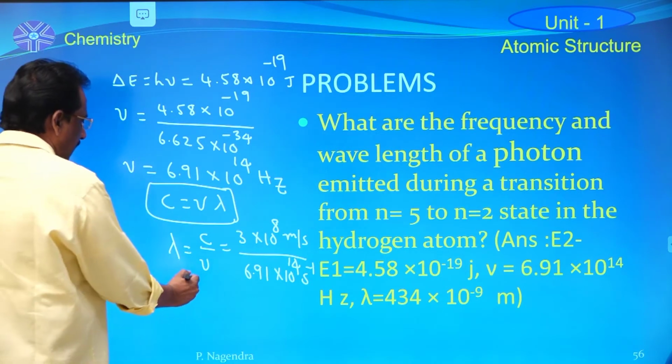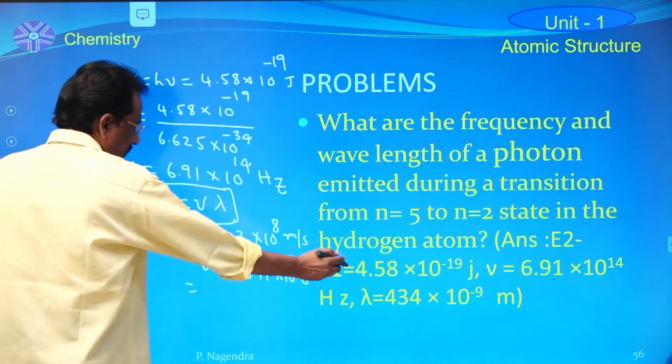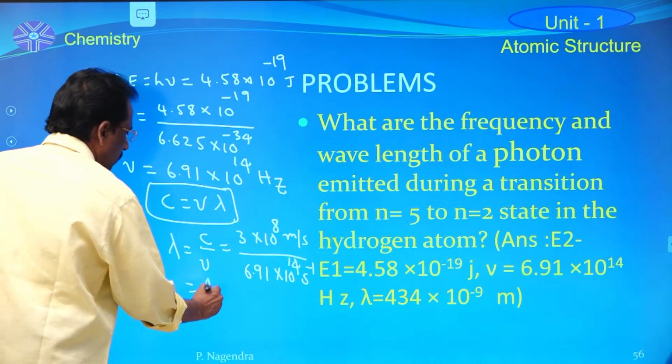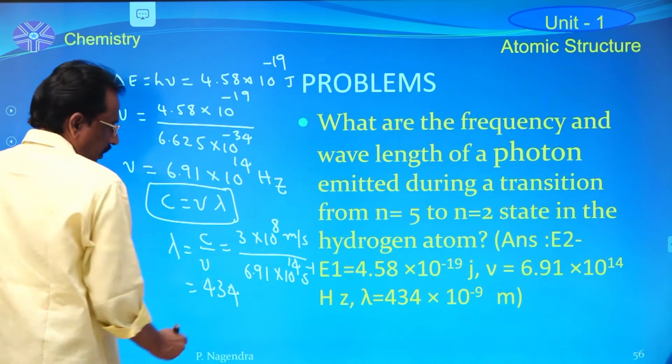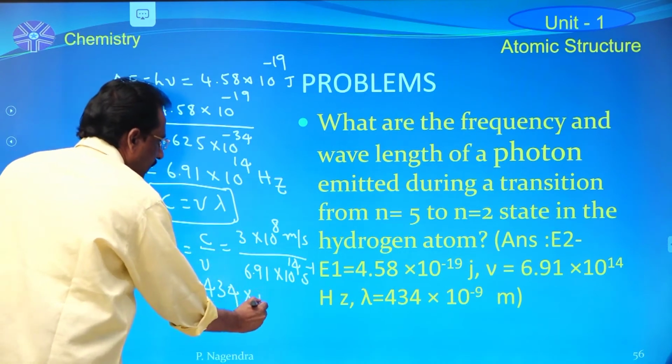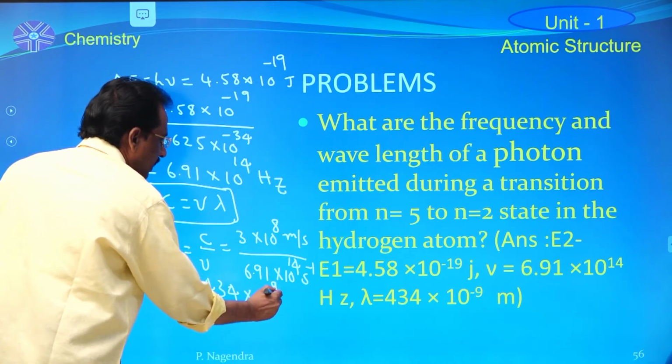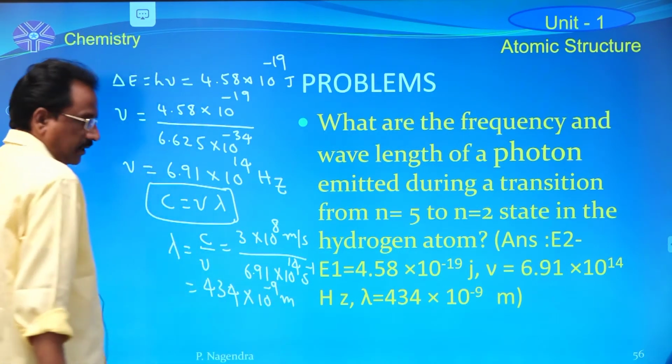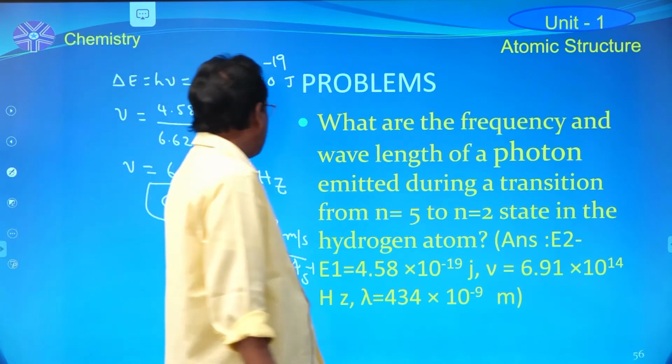Now lambda is equal to that much, 434 into 10 power minus 9 meters. Here the units are very, very important.